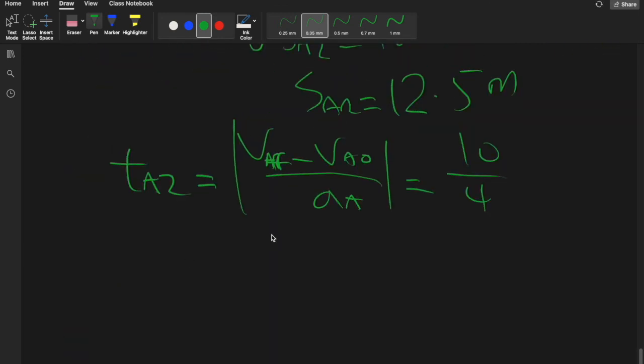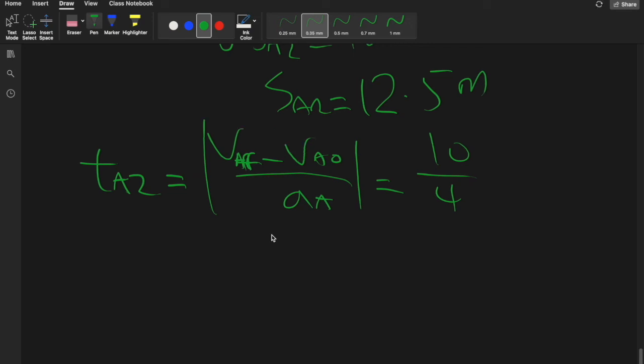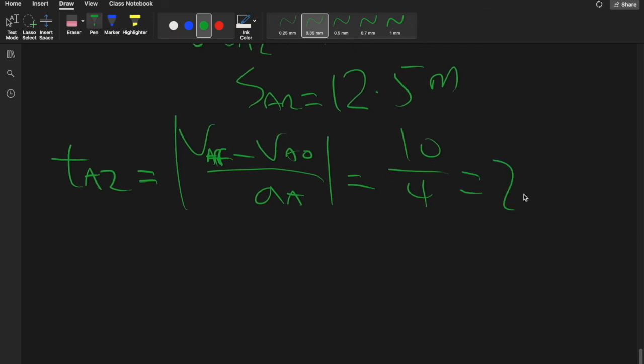And final velocity is 0 meters per second. Change in velocity is also 10 meters per second, and so here is 2.5 seconds. So after 2.5 seconds, car A stops.